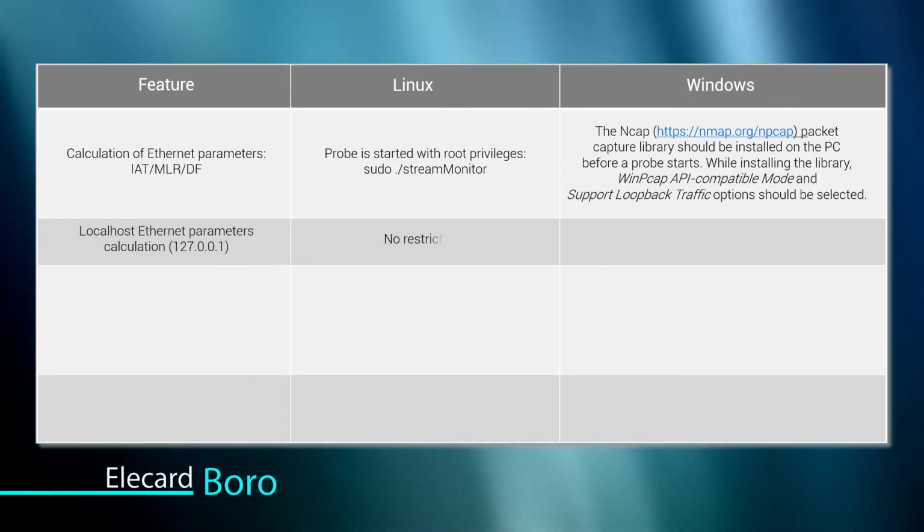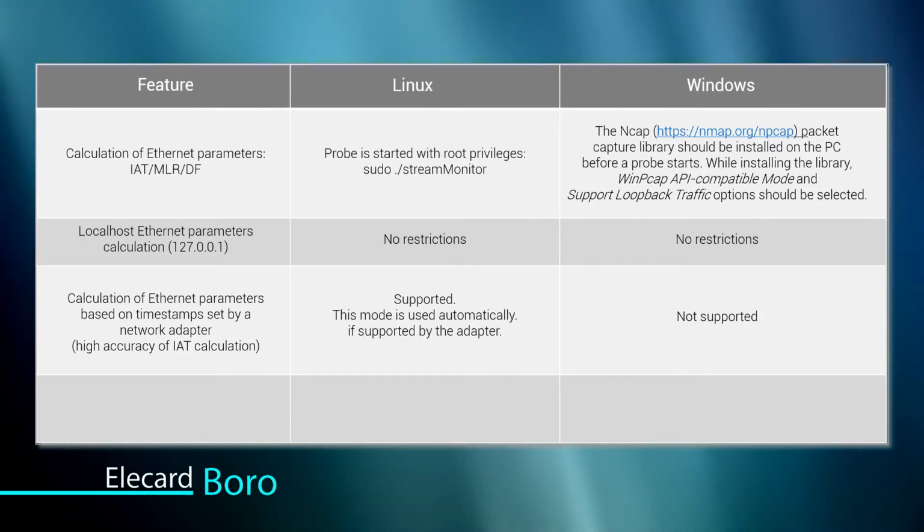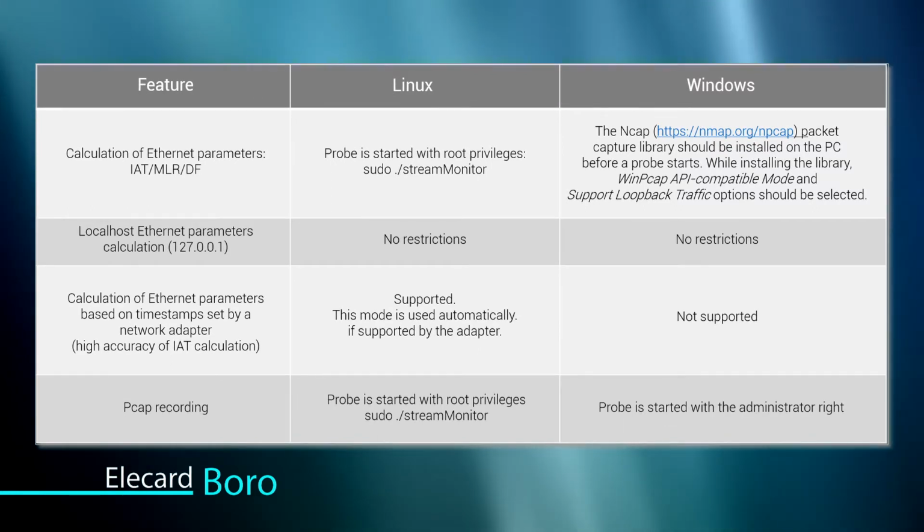Some network controllers support hardware timestamping of received packets, which significantly increases measurement accuracy. However, it is usually not supported in Windows. PCAP recording requires elevated privileges when launching the probe. Records in this format can be invaluable for analysis of network incidents.